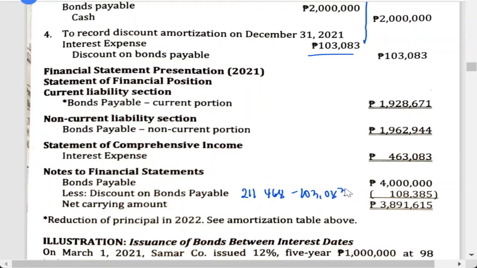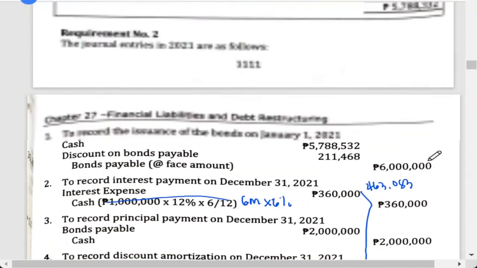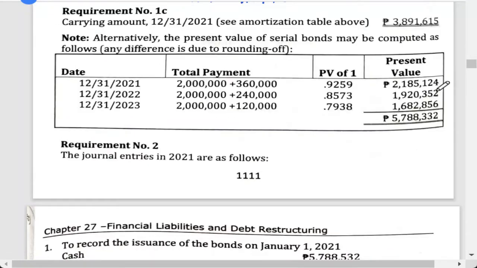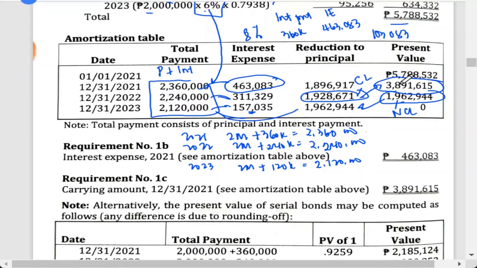So 211,468 minus 103,083 is 108,385. Get the difference. This is your carrying amount, 3,891,615.